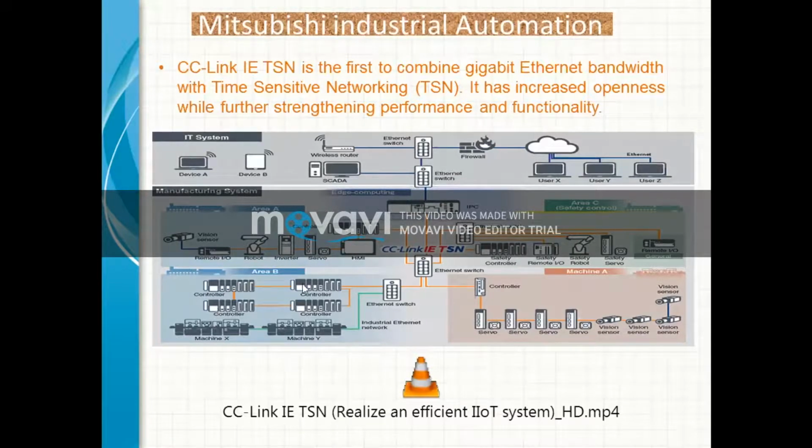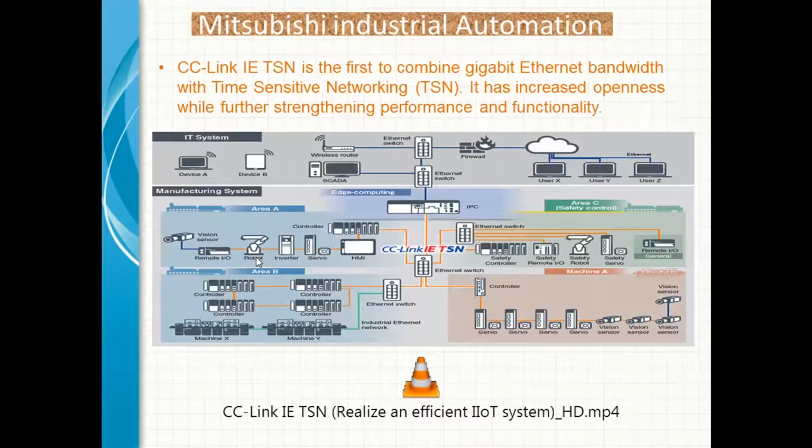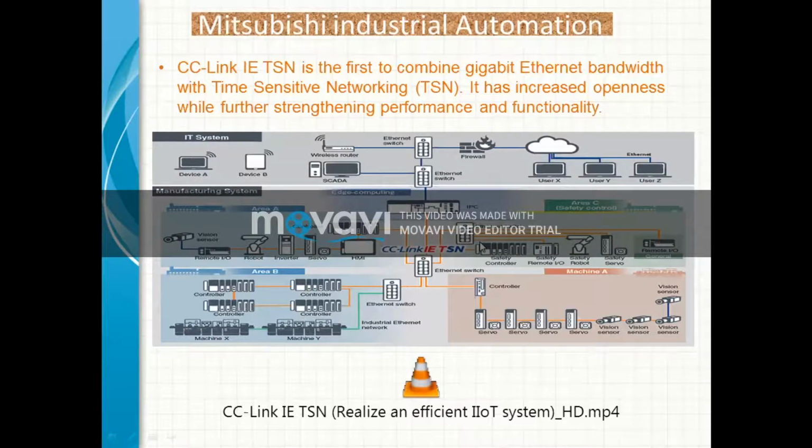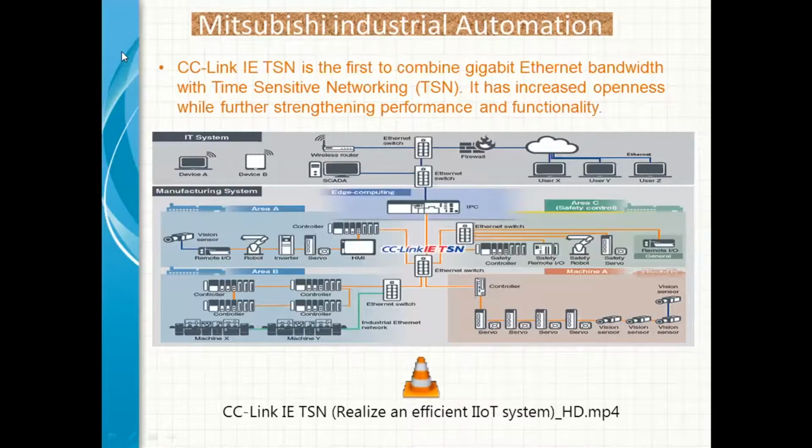For example, in this picture shown below, there are robots, inverters, servo motors, HMI, PLC, and lots of different industrial products available. But what is the difficulty in this? The difficulty would be connecting everything in a single cable. So Mitsubishi has contributed to bringing everything into a single network, a single Ethernet cable. This is the first company to bring this.